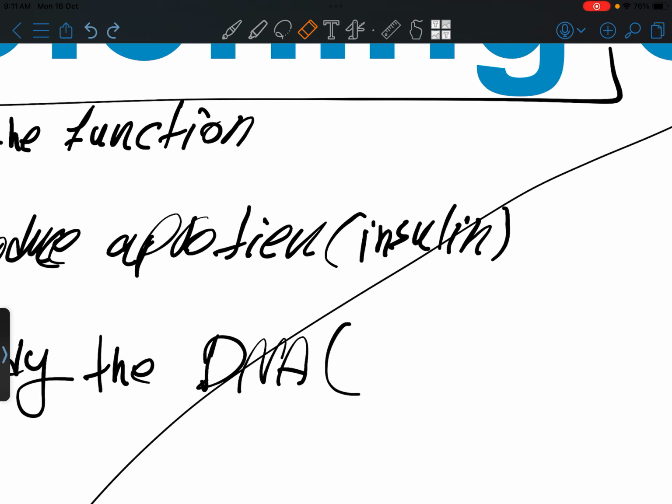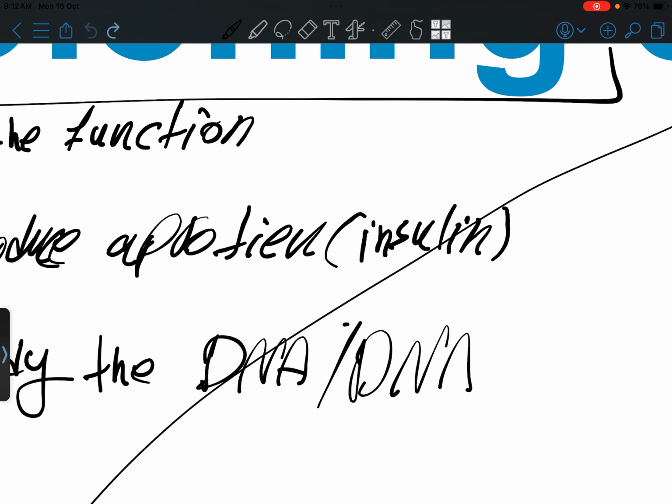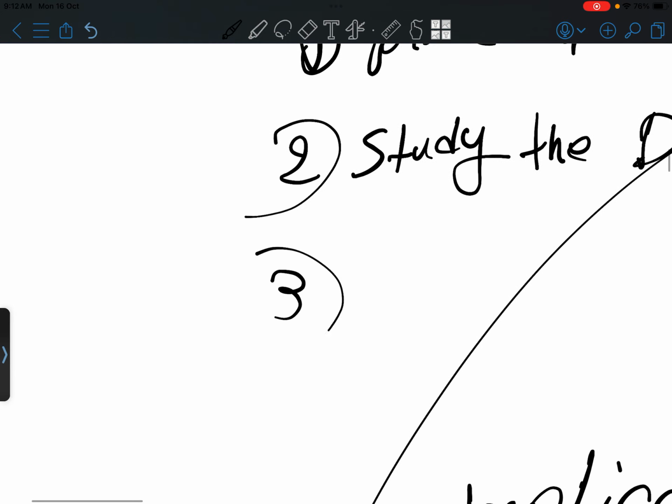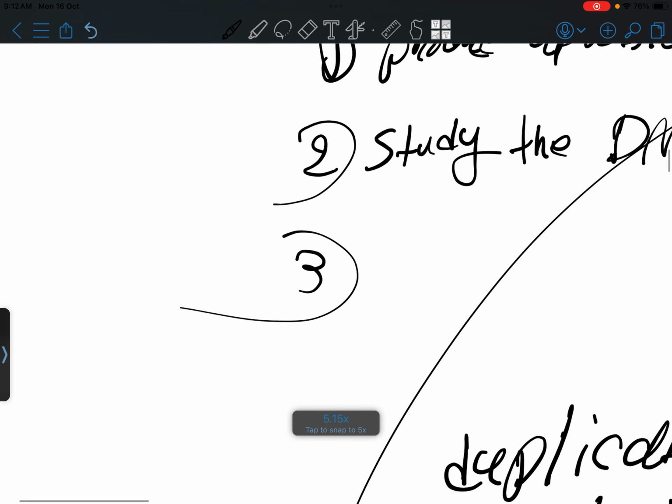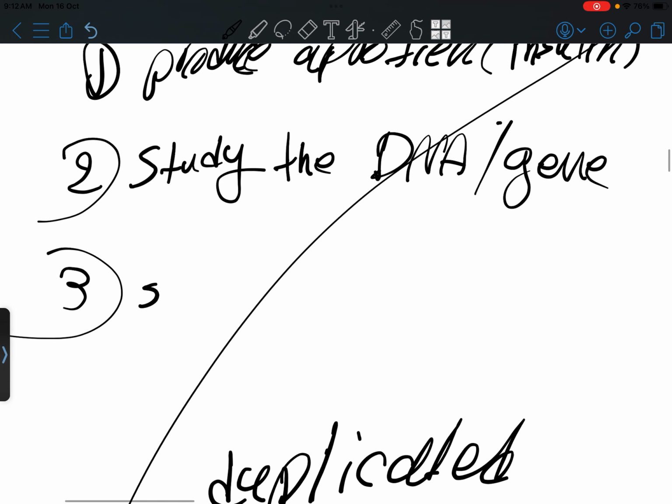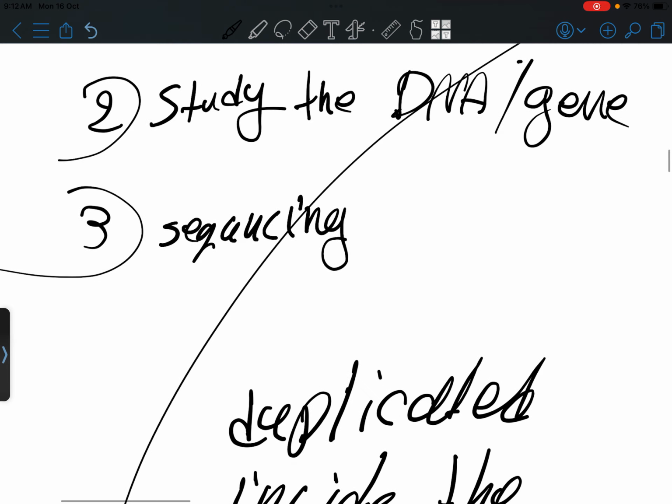Sometimes we want to do what? Sequencing the DNA. We want to determine the nucleotide sequence. So sometimes we have to clone it into a plasmid. Okay? Maybe we want to change the DNA sequence.